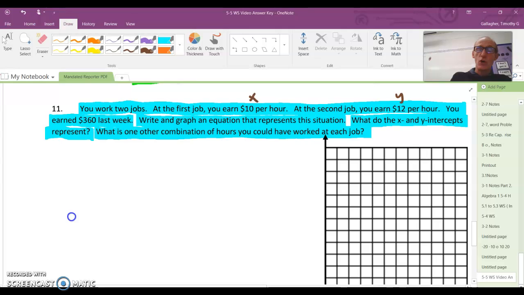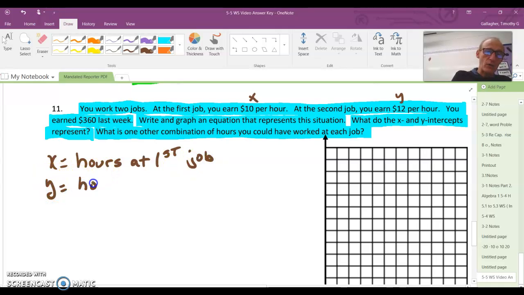Okay, so X is going to be your first job. Write and graph an equation that represents this situation. Okay, so X equals hours at first job. Y equals hours at second job.